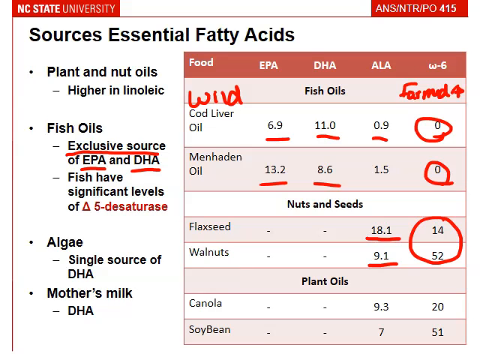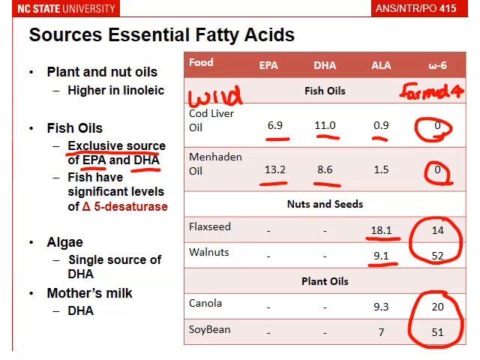And then we have our plant oils, which have significantly higher amounts of omega-6. Canola oil and traditional soybean oil, which we use especially in livestock feed, have a lot of linoleic acid as opposed to linolenic acid.